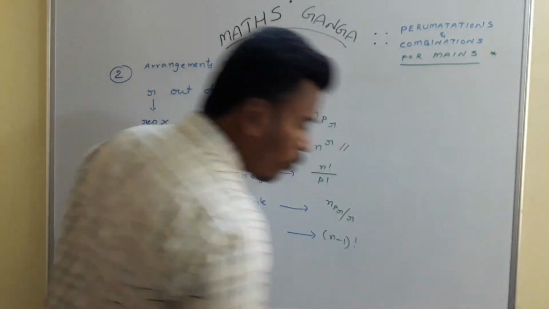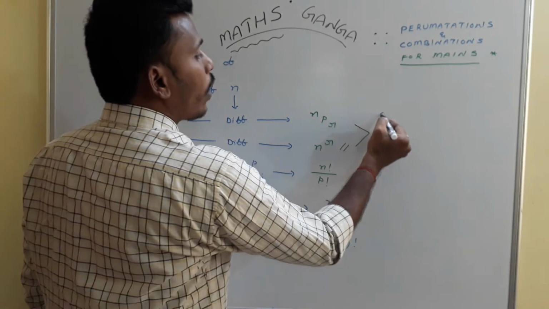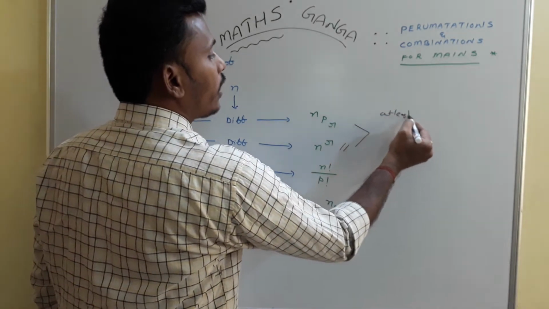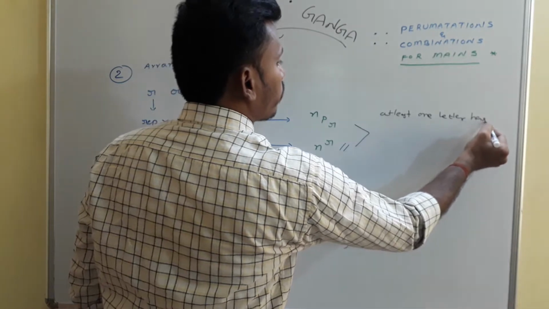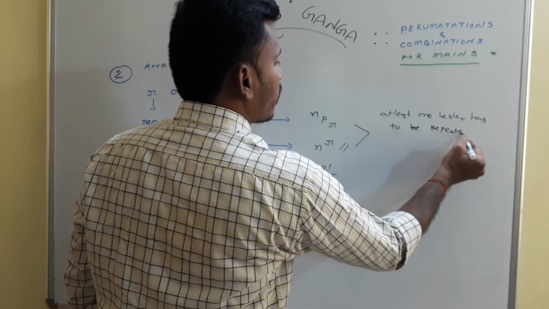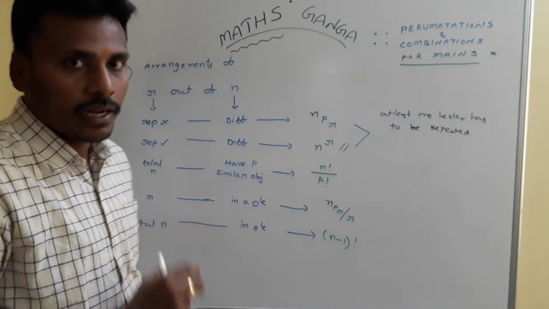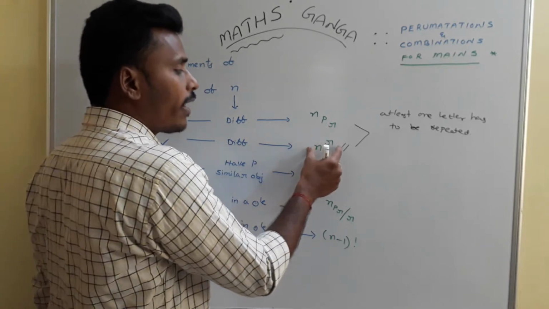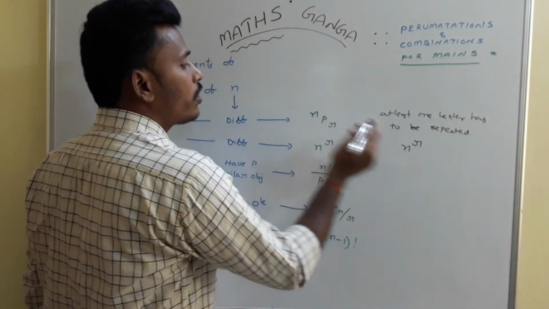And there are certain problems in which they will ask you to find the arrangements in which at least one letter has to be repeated, at least one object has to be repeated. That means we need to select the arrangements in which at least one letter is repeated. The total number of arrangements when repetition is allowed is N power R, and when repetition is not allowed is NPR.